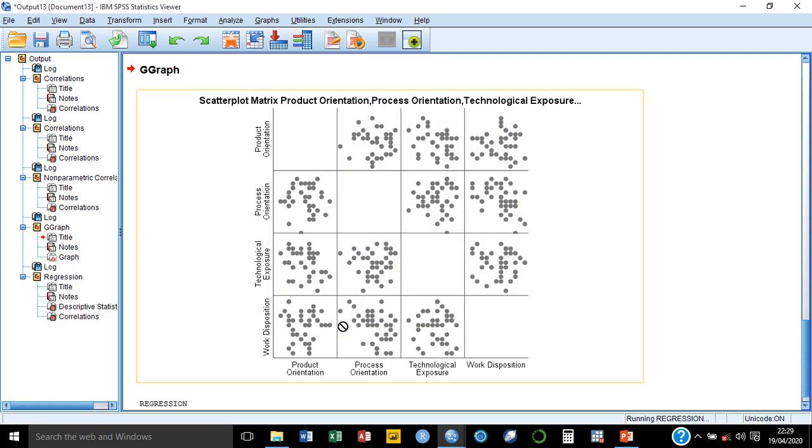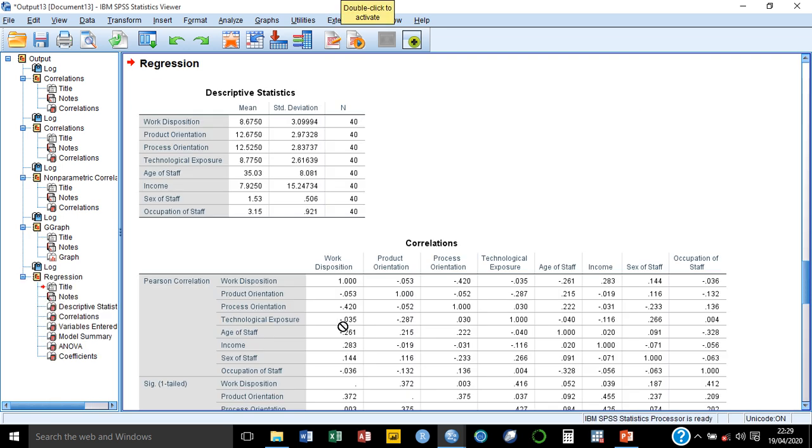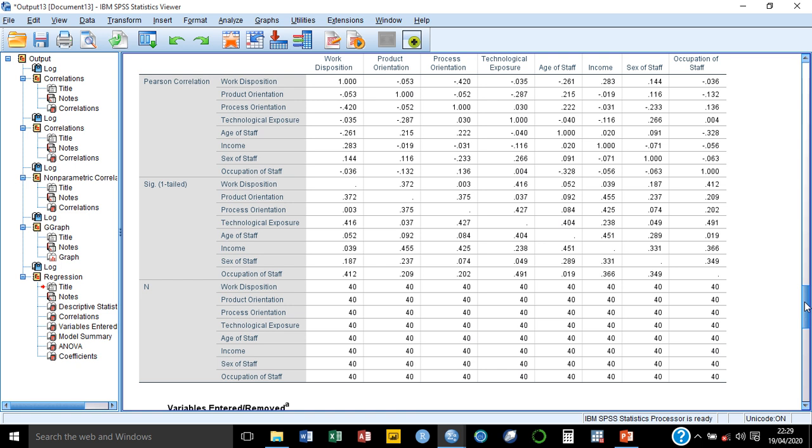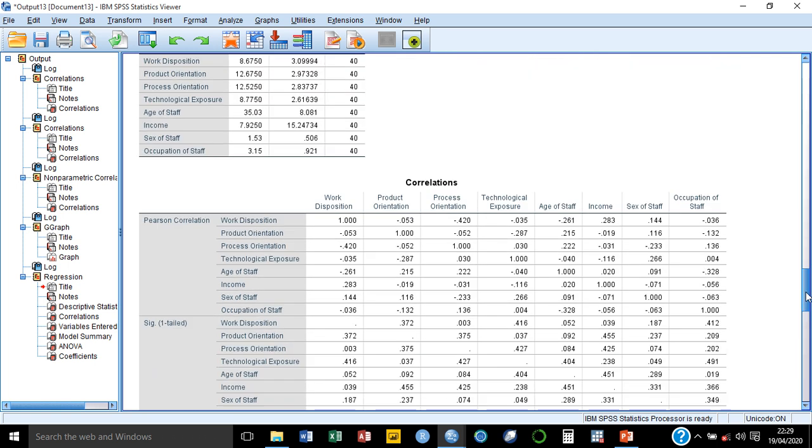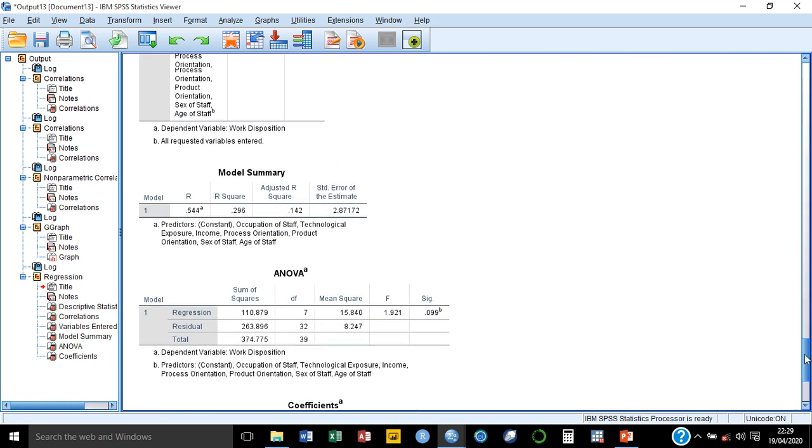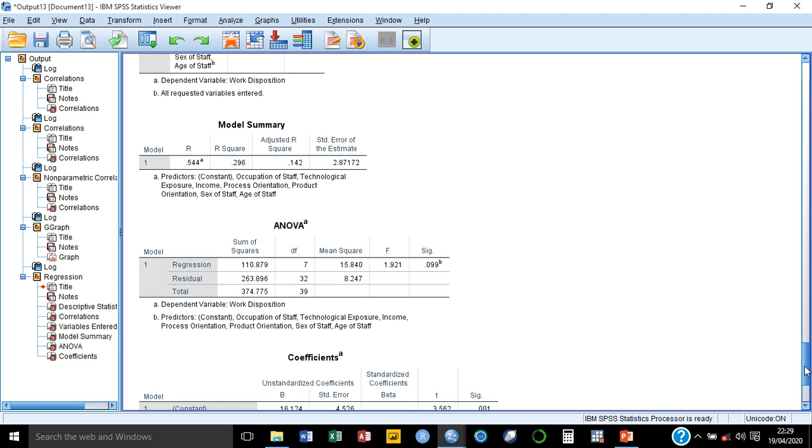Alright, so this is the regression output. This is my descriptives as I requested, mean and standard deviation. And here, the regression analysis will also give us a correlation output. We've done that before. So in the model summary, we have our R to be 0.544. This is like the correlation value. So we have the R square, we have the adjusted R square.